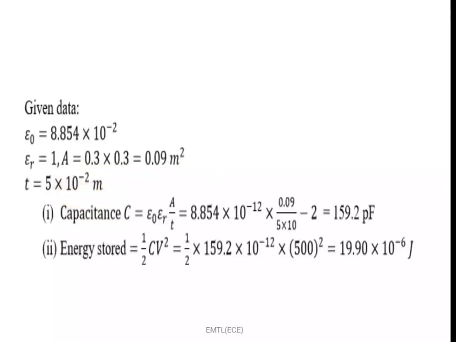As we already know, the capacitance of a parallel plate capacitor formula is epsilon A by d. Epsilon is written as epsilon naught epsilon r. The epsilon naught value is 8.854 into 10 power minus 12, the area is equal to 0.09, and the distance between the plates is 5 into 10 power minus 2.